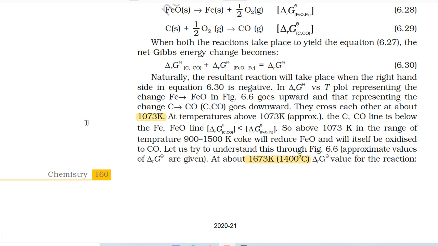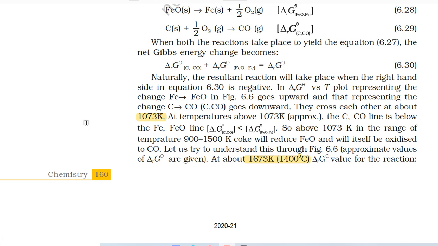In the ΔrG0 versus temperature plot representing the change, Fe to FeO in figure 6.6 goes upward, and that representing the change carbon to carbon monoxide, (C, CO), goes downward. They cross each other at about 1073 Kelvin.